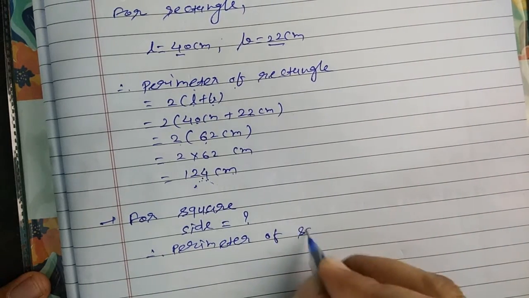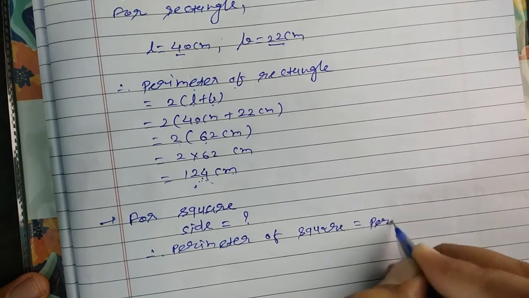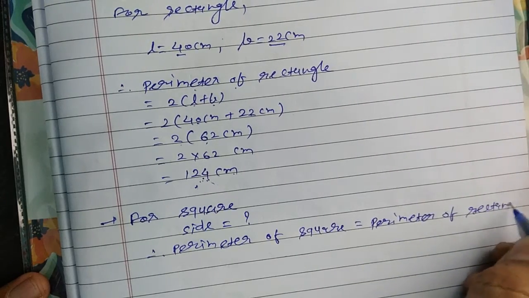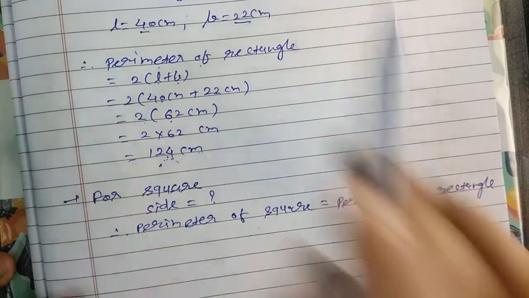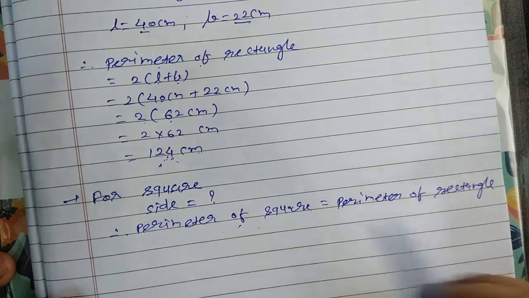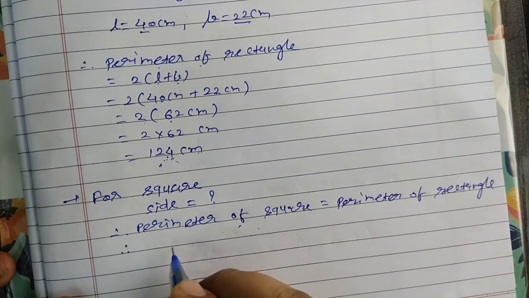Perimeter of square is equal to perimeter of rectangle, which is given in the question.